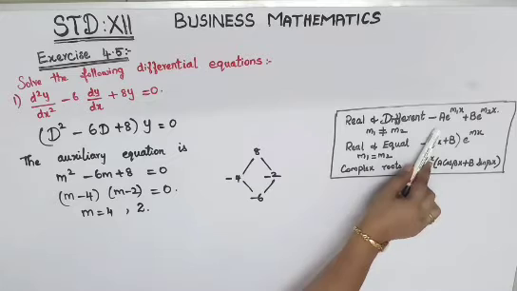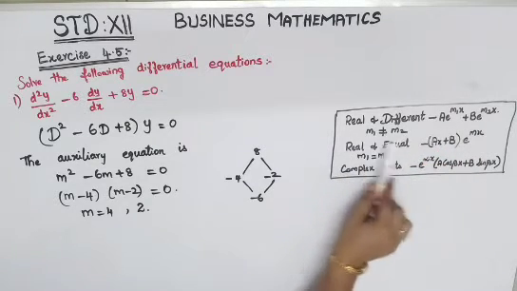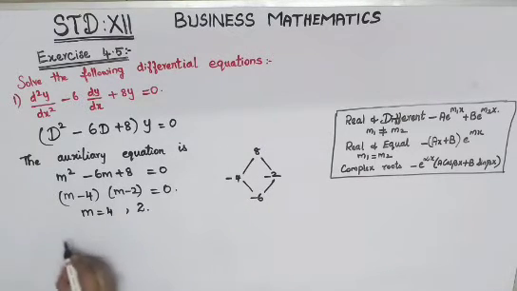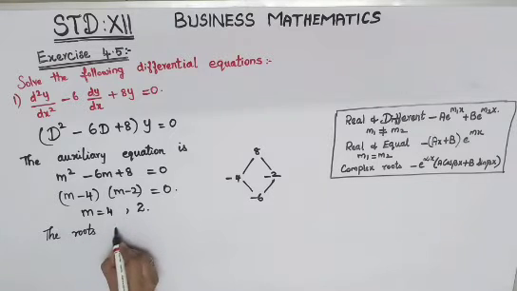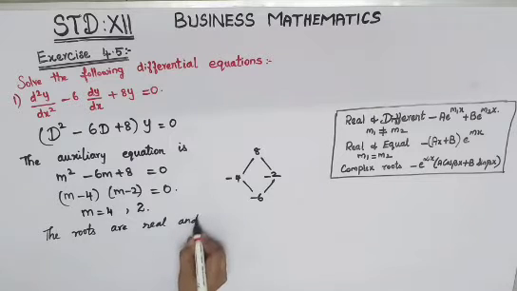So your formula is a e power m1x plus b e power m2x. This formula you will have to use here. Okay. So the roots are real and different.